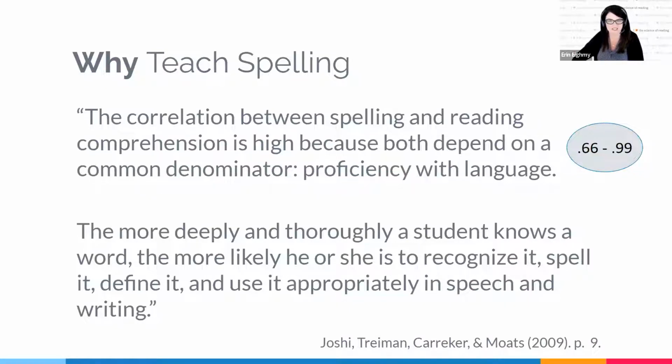And you can look at some of those research pieces in the Wakelet. How Words Cast Their Spell is a must read if you haven't read Louisa's article on that. So we know that the more deeply and thoroughly a student knows a word, the more likely he or she is able to recognize, spell, define, and use it appropriately in speech and writing.